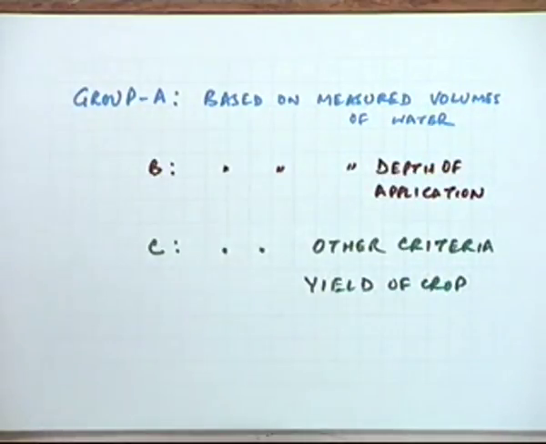As with any efficiency you look at, the end interest, or the end user's, the farmer's interest, is in the yield of the crop. So that is the ultimate thing. Even if you are talking in terms of water utilization, you have already seen that water utilization is directly related to the yield of the crop.